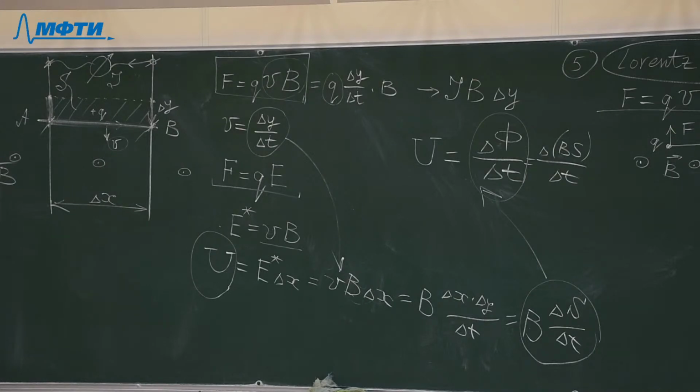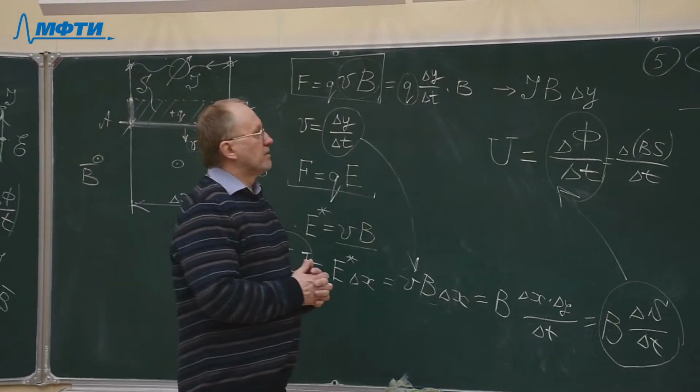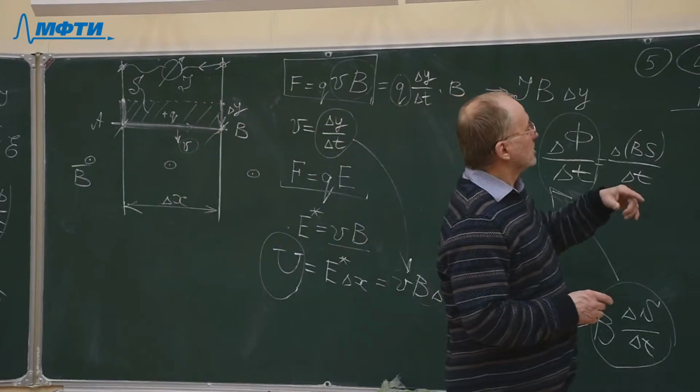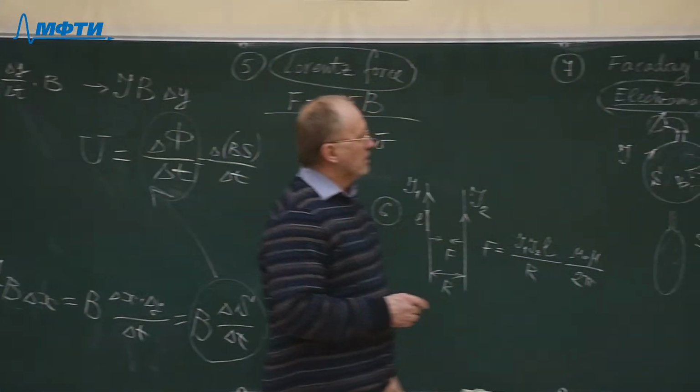And there is a simple question in this respect. We considered many phenomena related to electromagnetic fields. I tried to count the number of formulas and phenomena from 1 to 8.